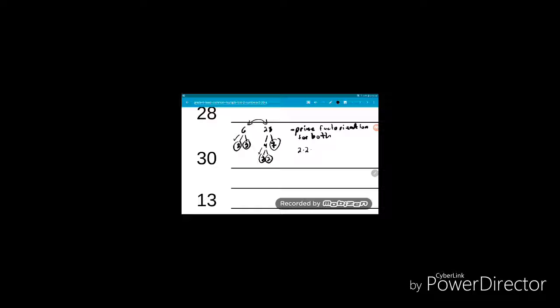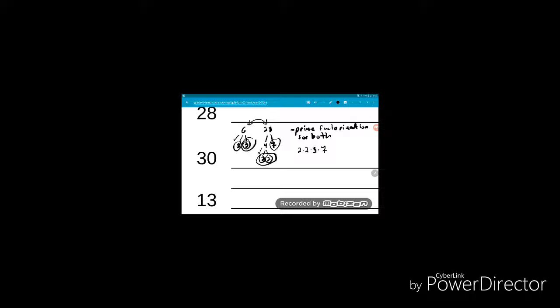Now what's some other primes? Well, 3. 3 only shows up once. And 7 only shows up once. If there were two 7s, it would be 7 times 7. But in each one, the second one has the most, so we use these two.